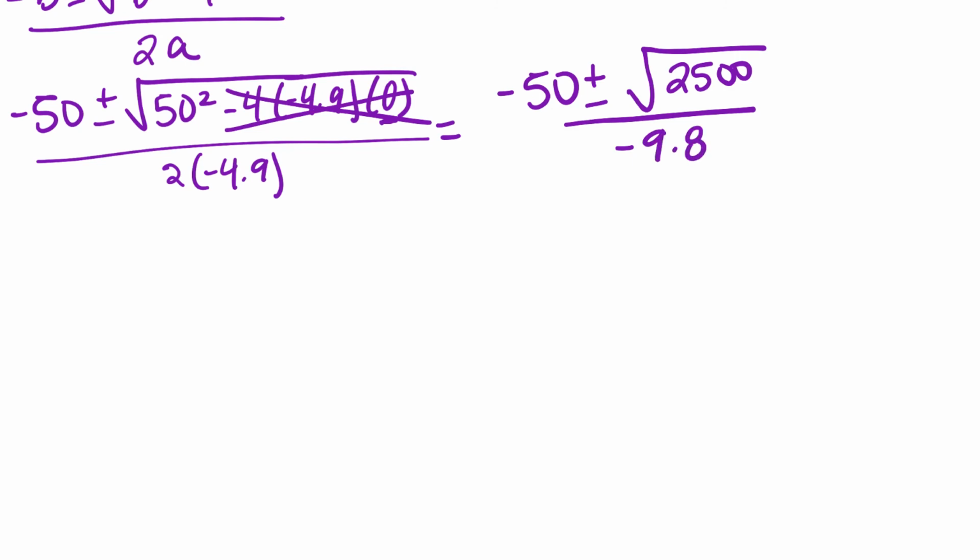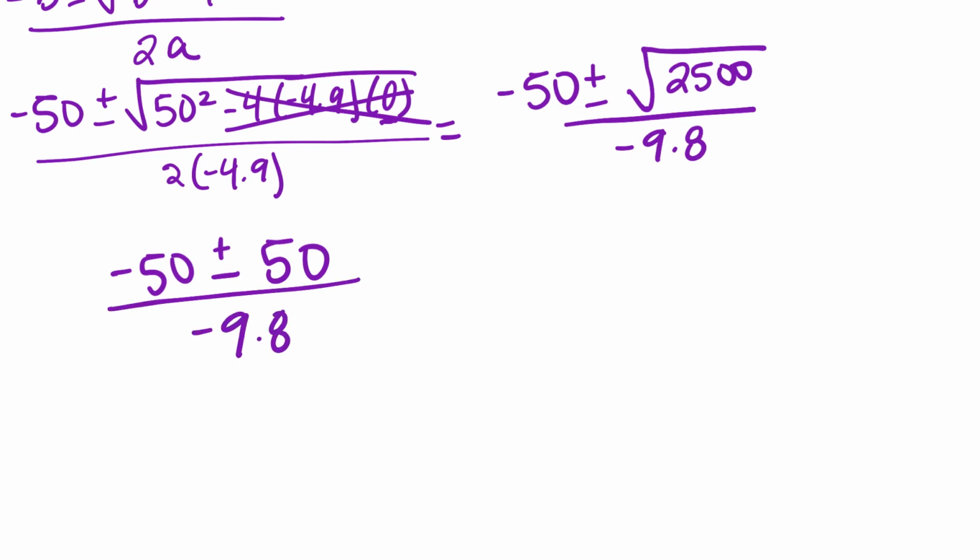And then we can simplify this down even further and get negative 50 plus or minus the square root of 2,500 is 50. Really, you didn't even need to do that, because if you look, when we have 50 squared and then you're square rooting, it's just going to be 50. So if you're good at math, you could have skipped that part. And then divided by negative 9.8.